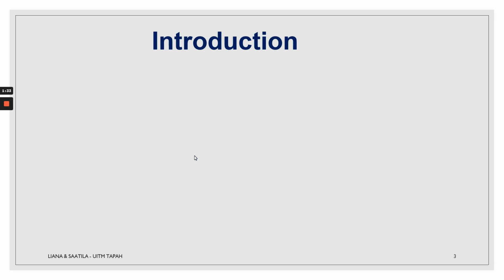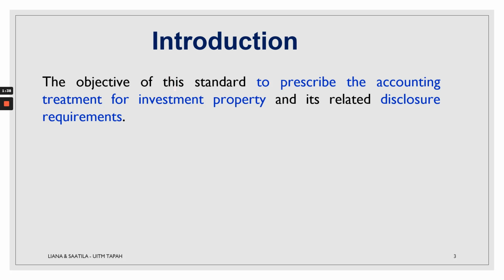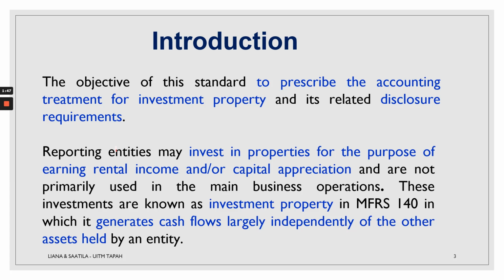So let's look at the introduction. To start, the objective of this standard is to prescribe the accounting treatment for investment property and its related disclosure requirements. For your information, reporting entities may invest in properties for the purpose of earning rental income, which is the income of the company, or for capital appreciation.